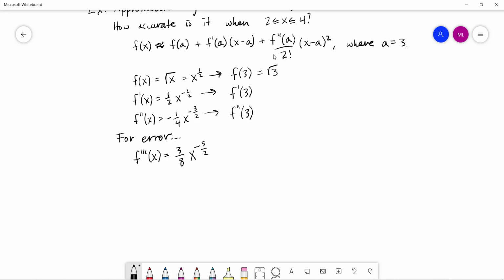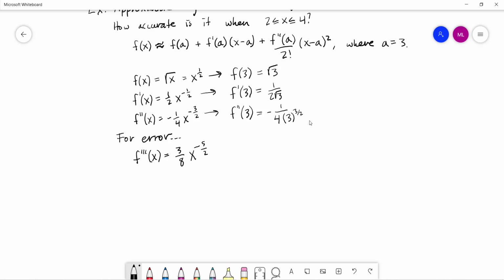The next one, depending on how you want to write it, is going to be a little bit ugly, but we can write this one as 1 over 2 root 3. And then this last one will be, what do we get? A negative 1 over 4 times 3 to the 3/2.